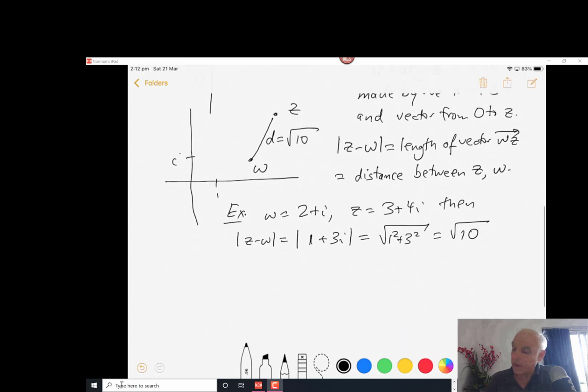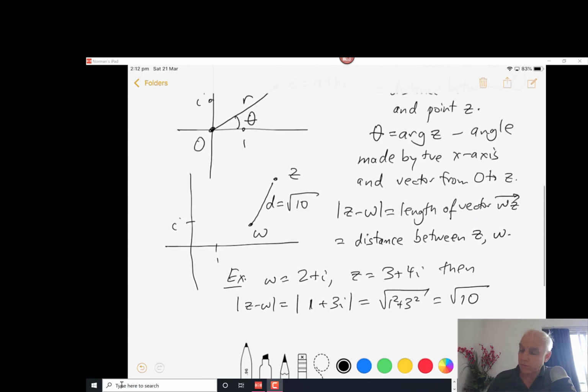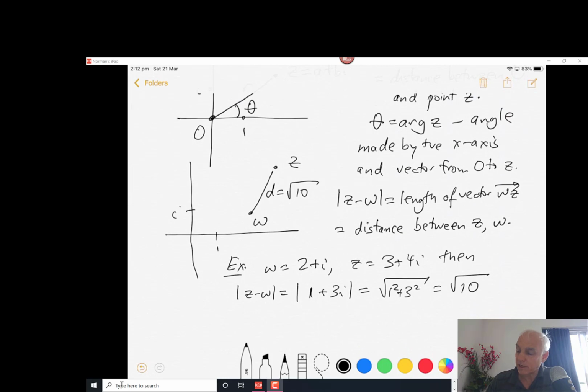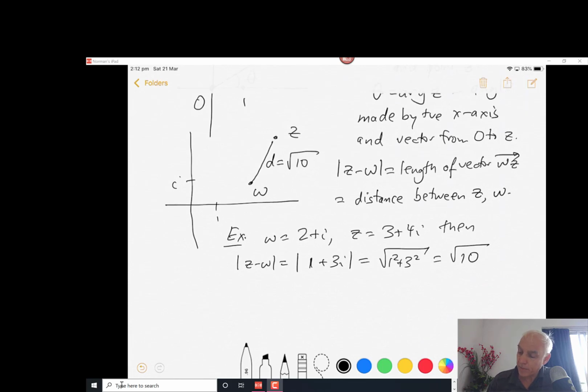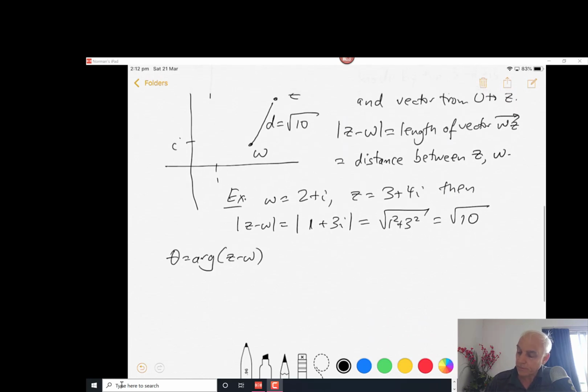Okay, the other thing that we might gather from this relative position of W and Z is the angle here. So if we look at theta, which is the argument of Z minus W, what is that going to be geometrically? I might show it here.